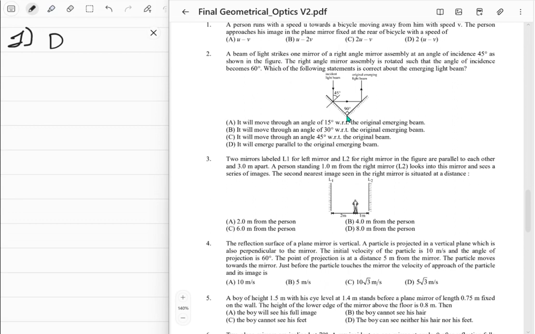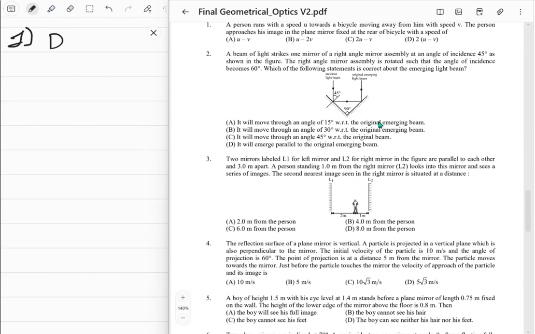Okay, next. A beam of light strikes one mirror of a right angle mirror assembly at an angle of incidence 45 degrees. The right angle mirror assembly is rotated such that the angle of incidence becomes 60 degrees. Which of the following statements is correct about the emerging light beam? It will move through an angle of 15 degrees with respect to the original emerging beam.